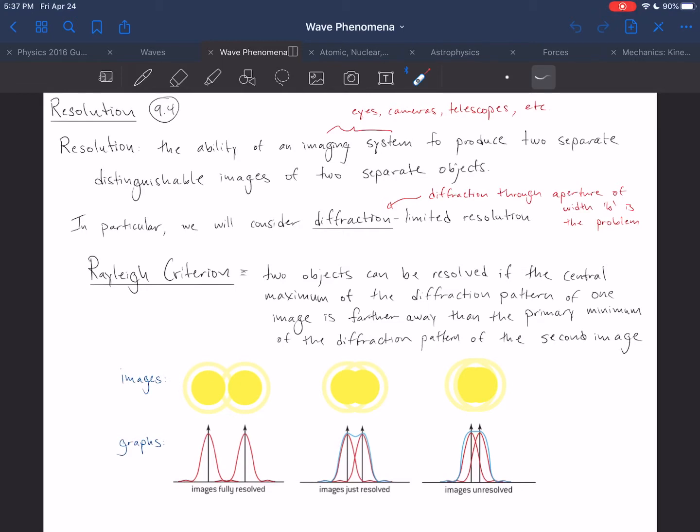But this kind of resolution is related to the concept of resolution that you hear sometimes when people talk about the resolution of their camera, the resolution of an image, or perhaps the resolution of their computer screen. In each case, what matters is whether you can tell whether different things are different from looking at it. And the instruments we're considering include things like eyes, cameras, telescopes, microscopes, etc.